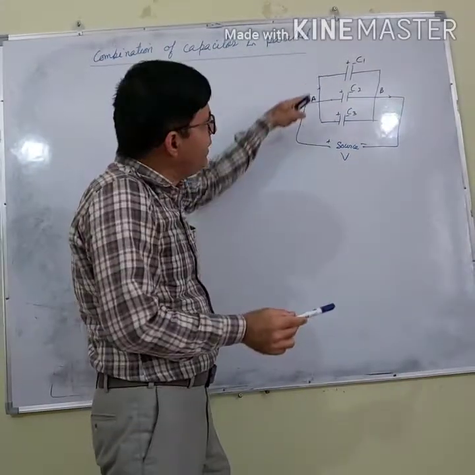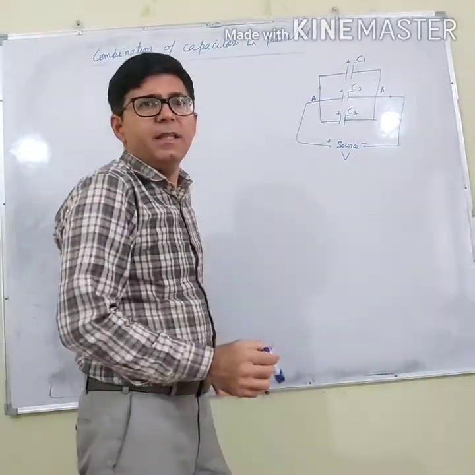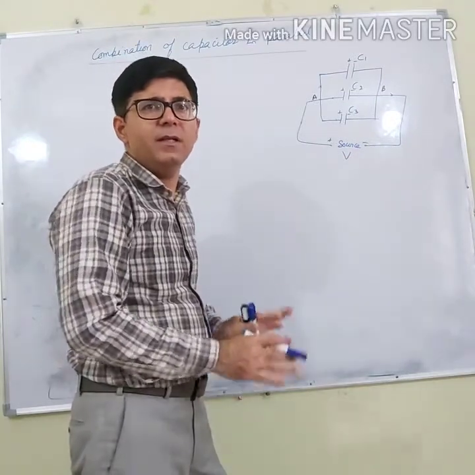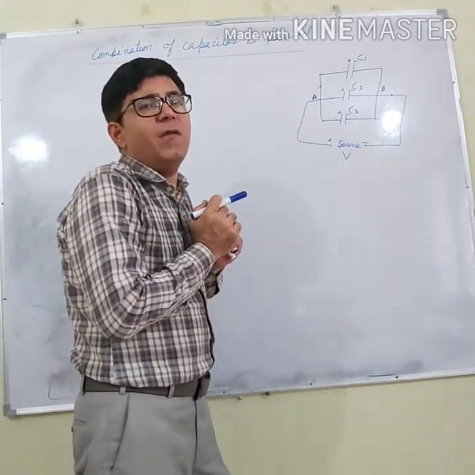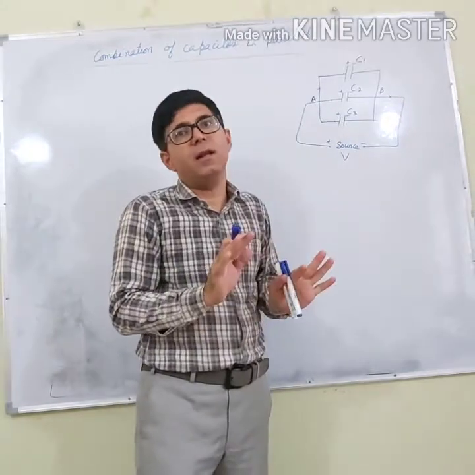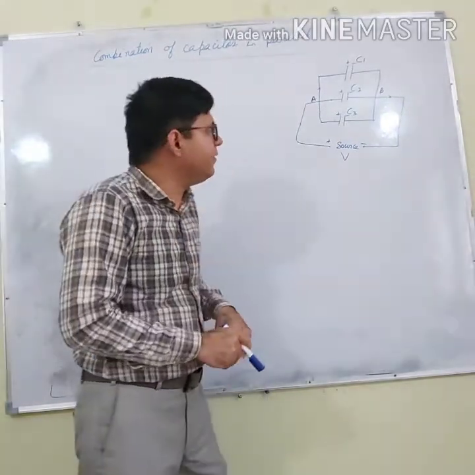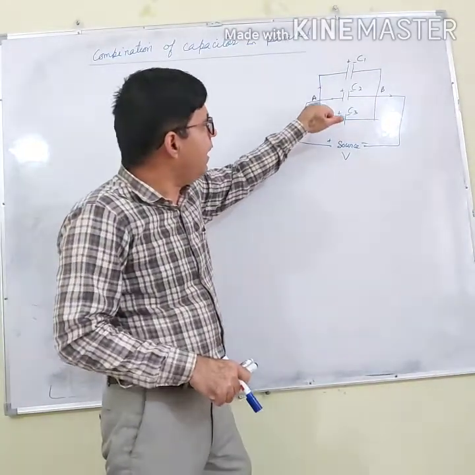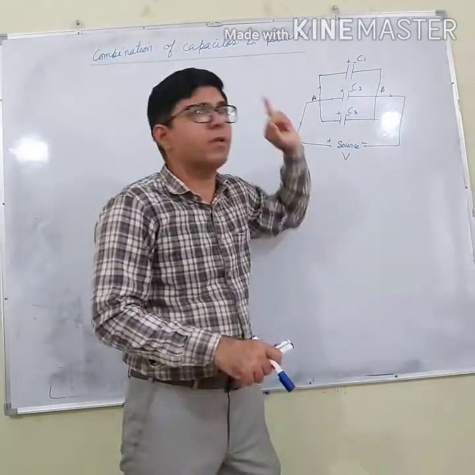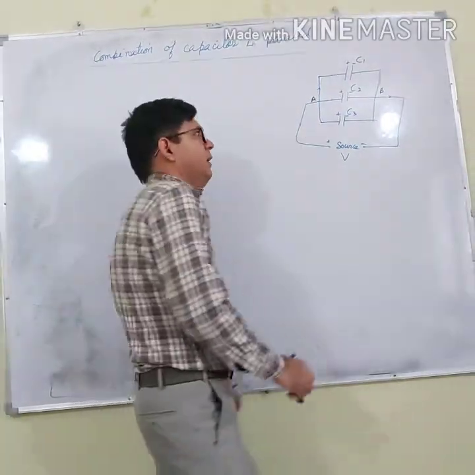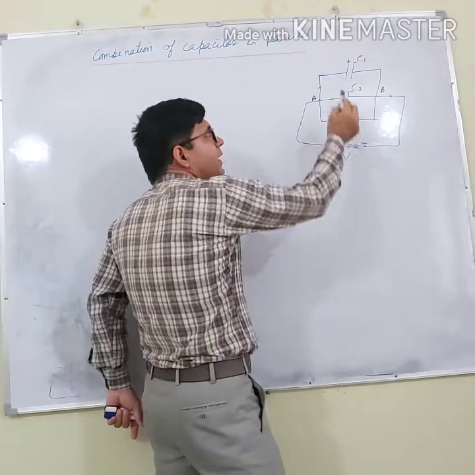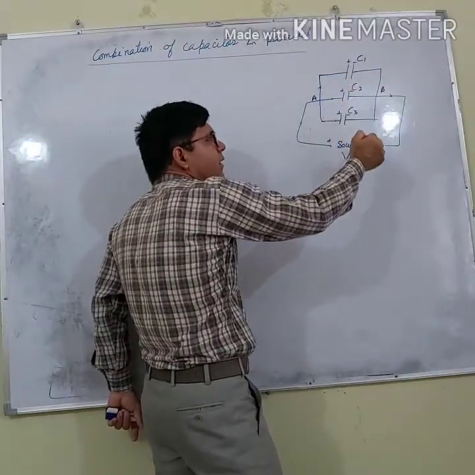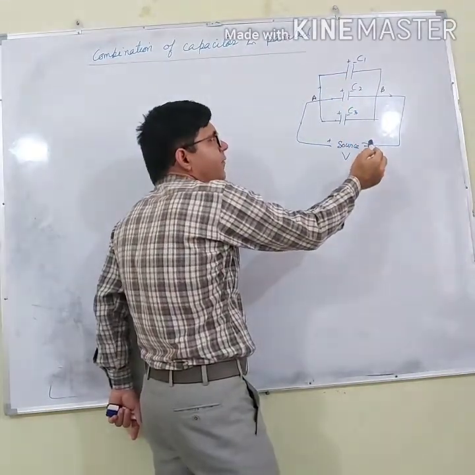Why am I saying that C1, C2, C3 are connected in the parallel combination? The reason is that whenever we are talking about the parallel combination, it means that there are multiple paths for the flow of charge.